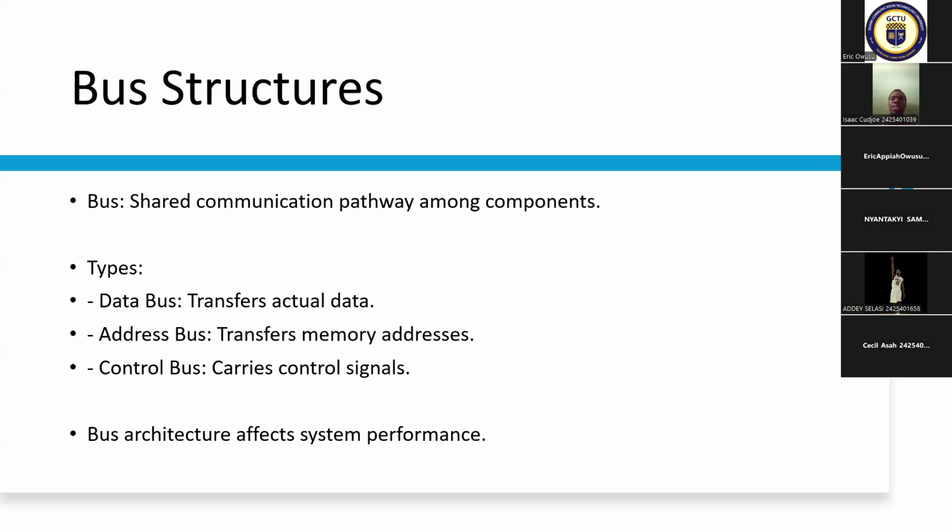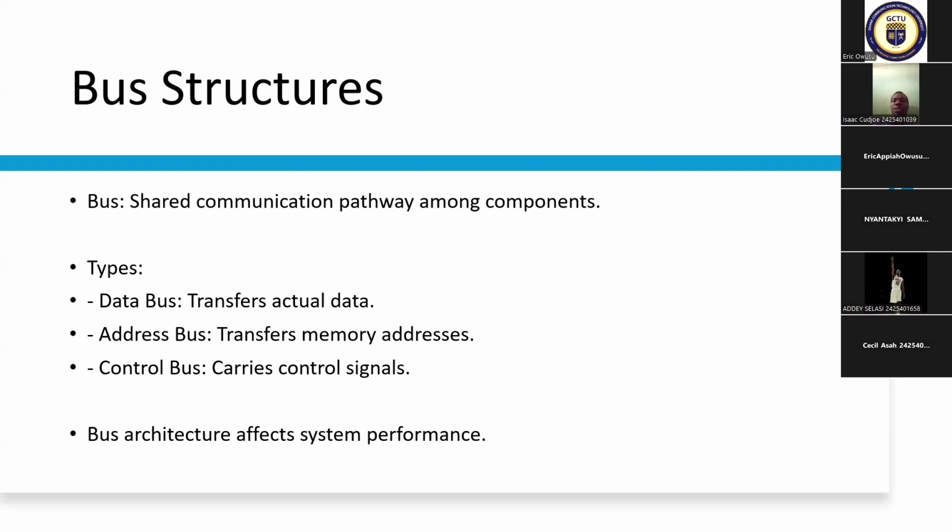The control bus carries control signals used to manage the operations of the computer system. Examples of control signals: read or write, which specifies whether data is being read or written; interrupts, which are control signals from an I/O device to get the CPU's attention; and clock signals, which synchronize operations.